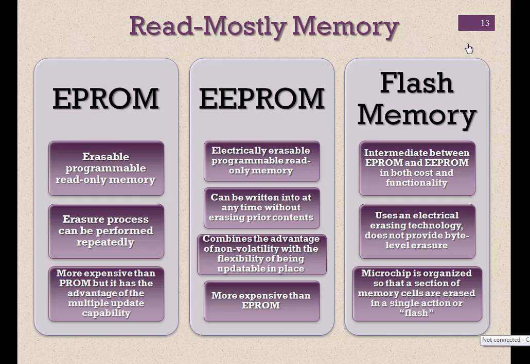So there is a comparison of both. EPROM stands for erasable programmable read-only memory. EEPROM, electrically erasable programmable read-only memory, and flash memory. There is a comparison of these three, and you see which one is better.